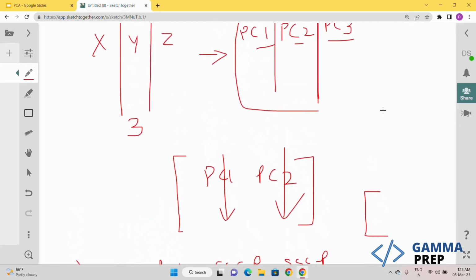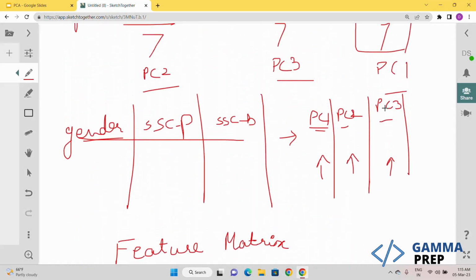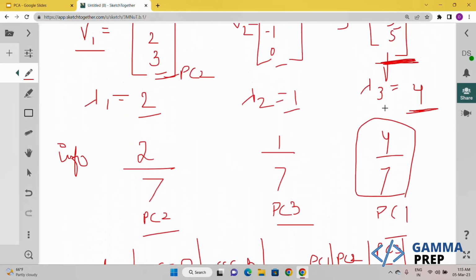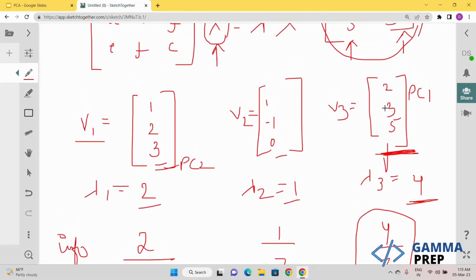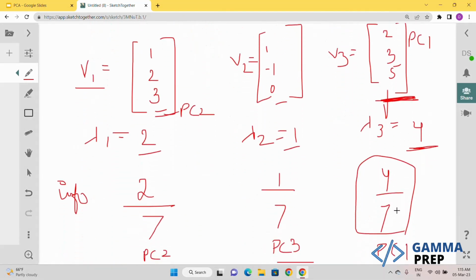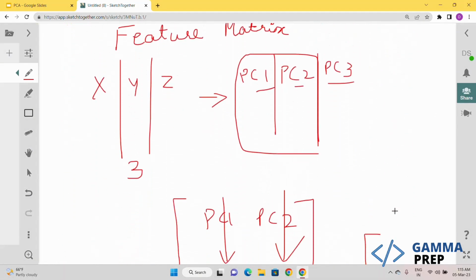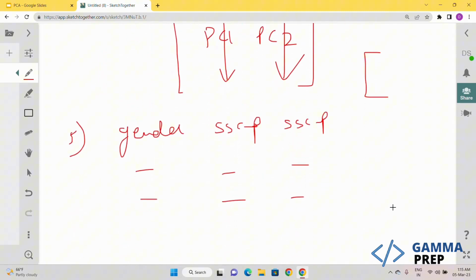Let me write what was there. 235, 123. So the feature matrix was 235, 123, like this.